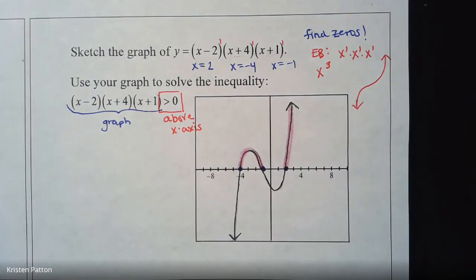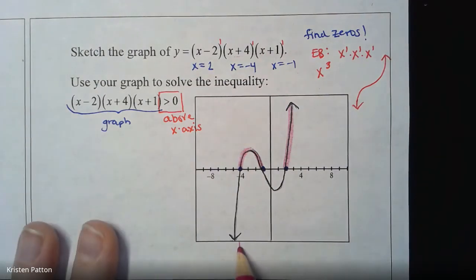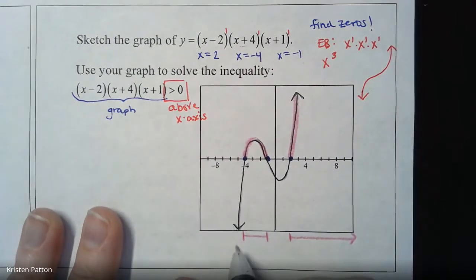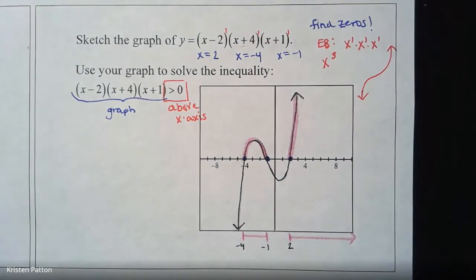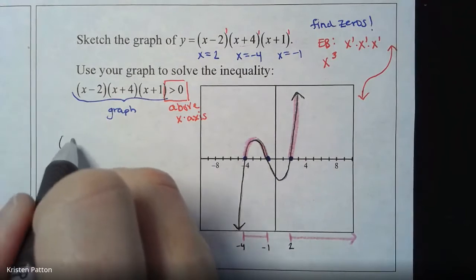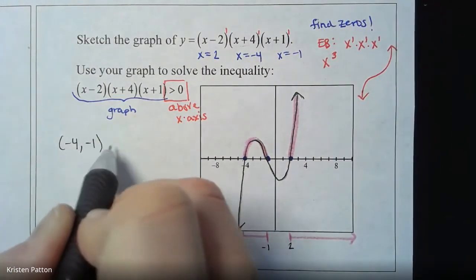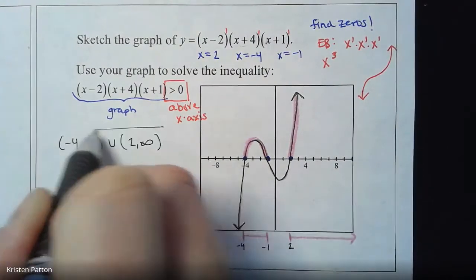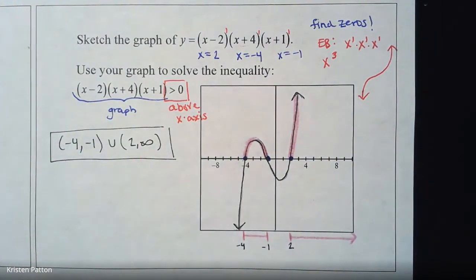Perfect. We already have our zeros. If it helps, I'm going to continue doing this. If it helps, translate your shading down to the bottom and go ahead and write your x values there from -4 to -1 and then from 2 on. So my answer is from -4 to -1 in parentheses, union 2 to infinity.